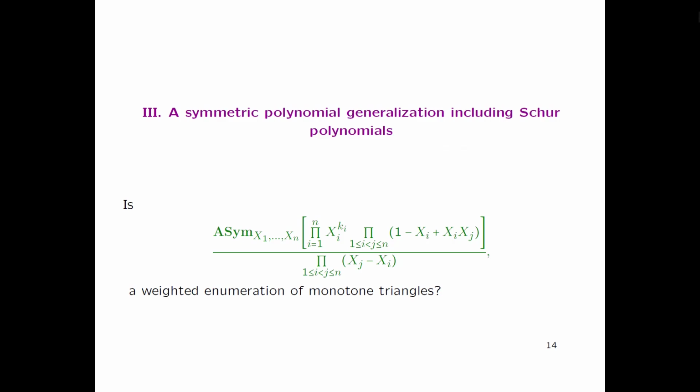So what I told you before is that if I take this antisymmetrizer and divide by the Vandermonde and set all x_i equal to 1, then I get the number of monotone triangles. But maybe this is also a weighted enumeration of monotone triangles. So maybe we can find some weight such that this polynomial gives you a generating function of monotone triangles. And that's almost true.